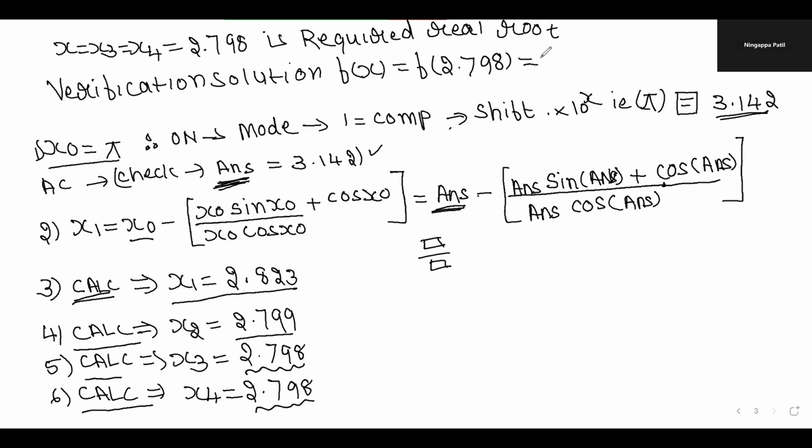You put this value in this x, sin x and cos x. You are getting 0.000, means 0. This is the RHS.